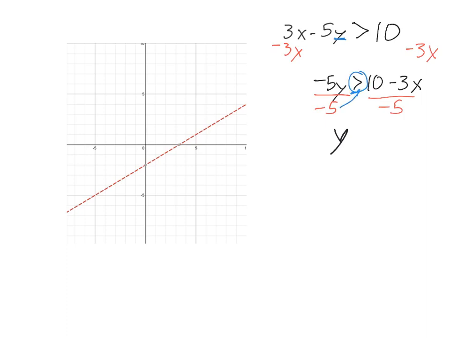So my inequality switches. Okay? And so now I get 3/5, because a negative divided by a negative is a positive, minus 2. Okay, so now that I have this here, I can now graph it.